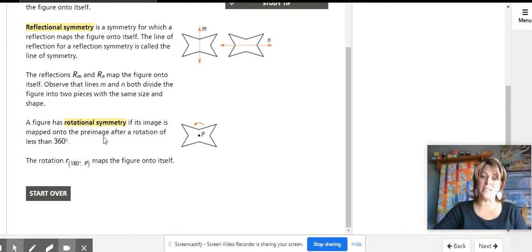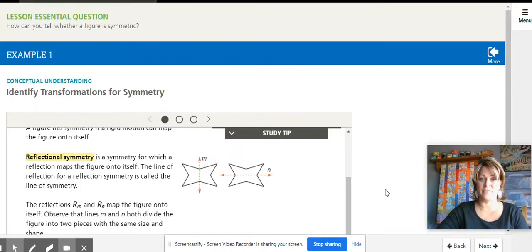So we don't use it. It's between that, or anything less than 360. So anything less than 360 degrees that maps onto itself is considered rotational symmetry. So rotating 180 degrees around point P will map this original figure onto itself.